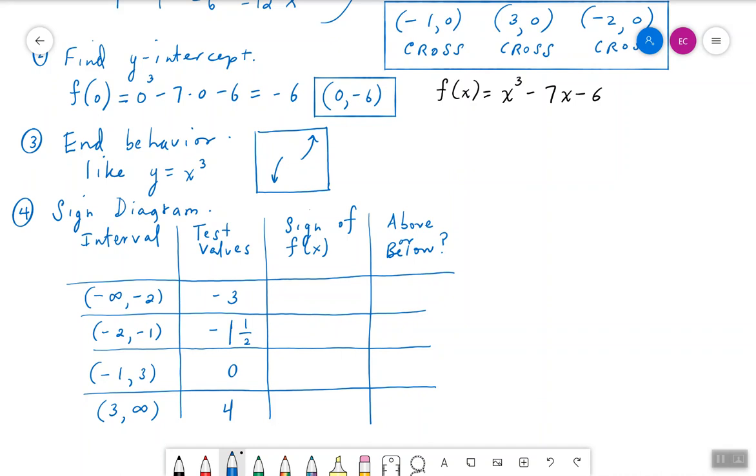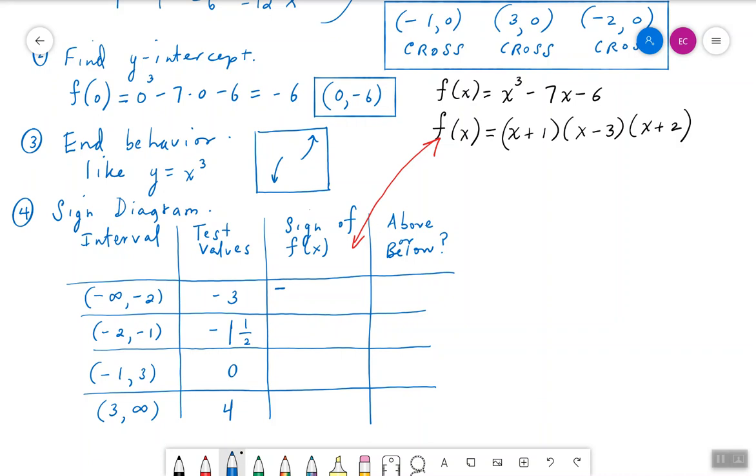And then when we want the sign of f of x, let's use the factored form of f of x. So f of x is the same as x plus 1 times x minus 3 times x plus 2. And so using that factored form here, we're going to plug negative 3 into each factor and see what the sign is. Negative 3 plus 1 is a negative number. So we can just write a negative.